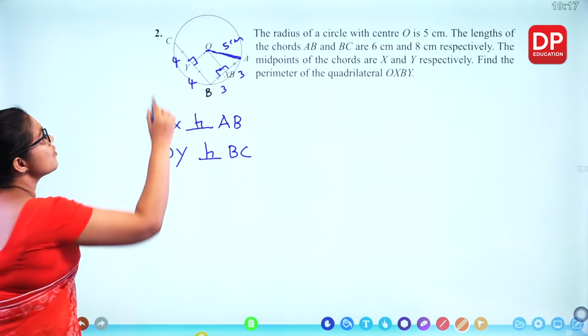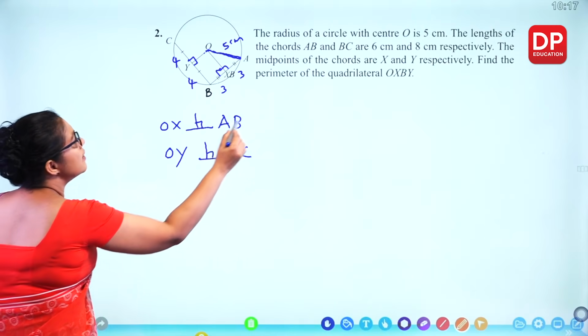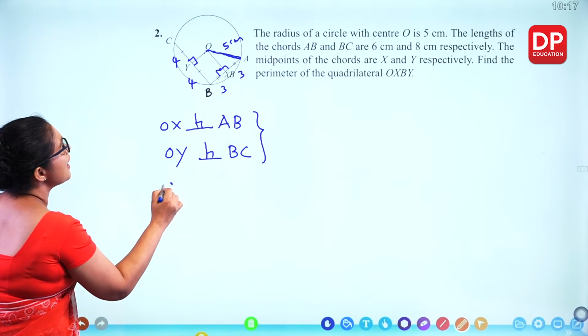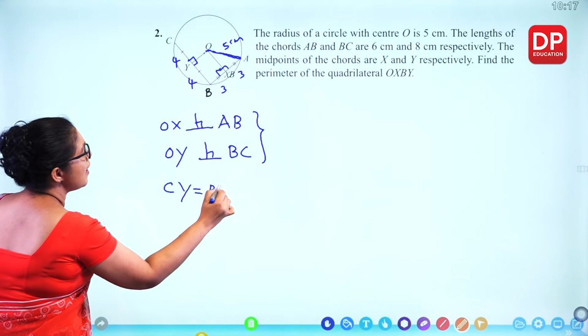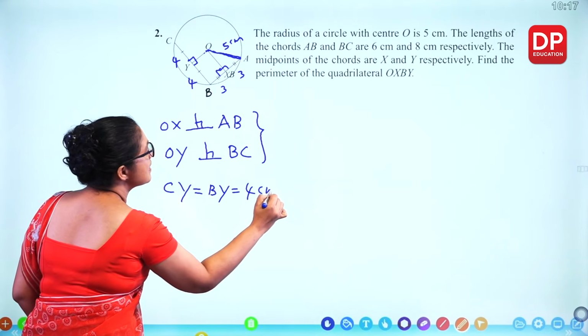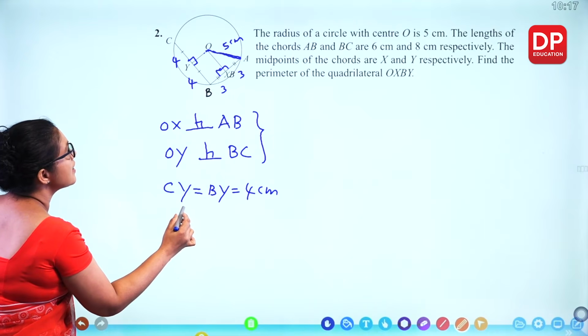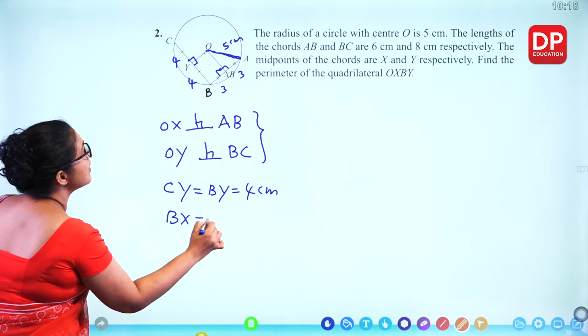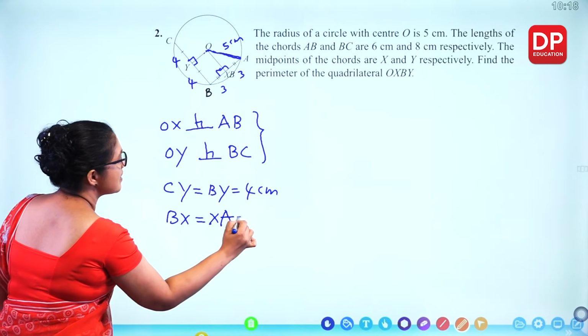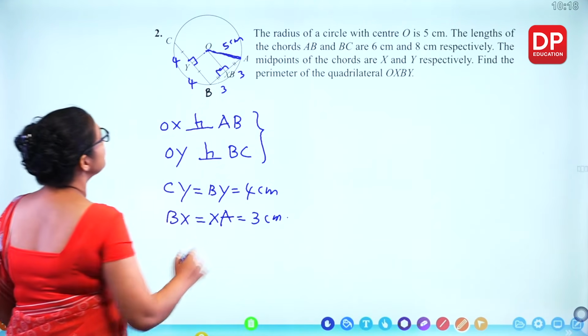So what can you say? These two are equal. We can write CY is equal to BY, that's 4 centimeters, and BX and XA are 3 centimeters.